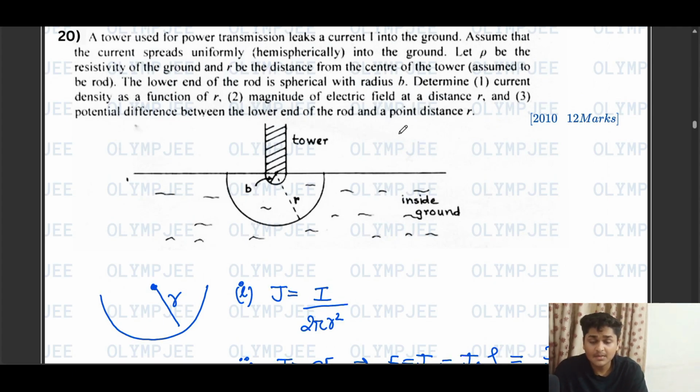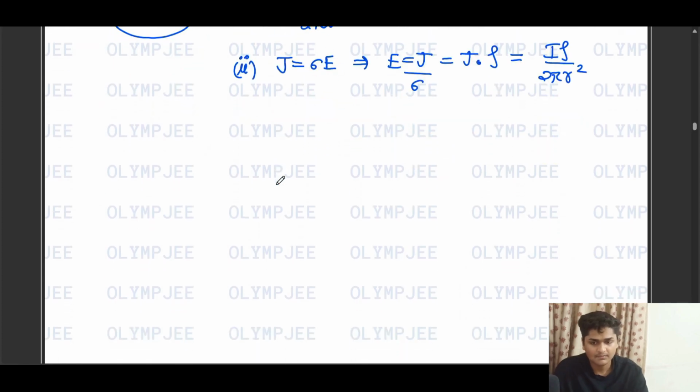And then we need to find the potential difference between the lower end of the rod, which is hemispherical, and a point at distance r. So we know that potential difference is given by minus of integral E dr. E we already have and limits would be from b to r, right?